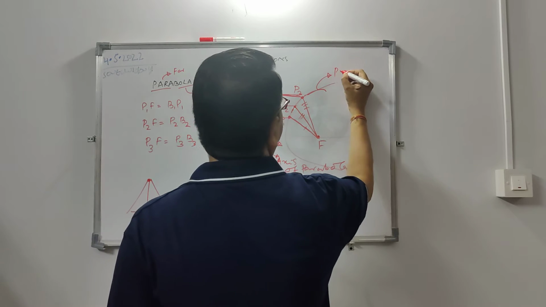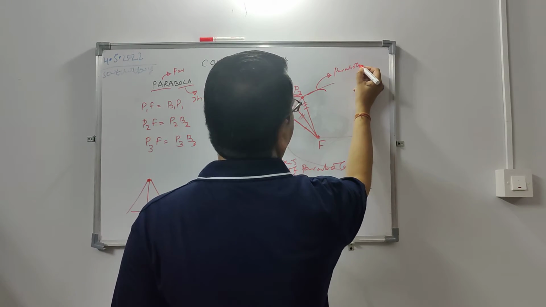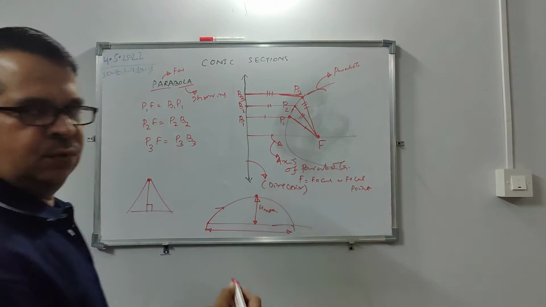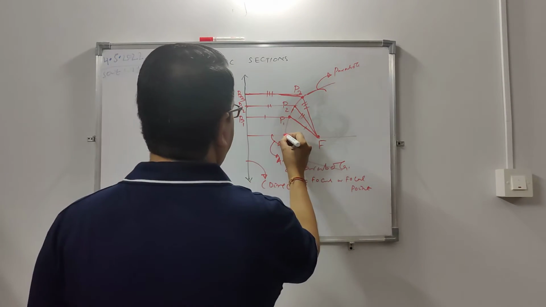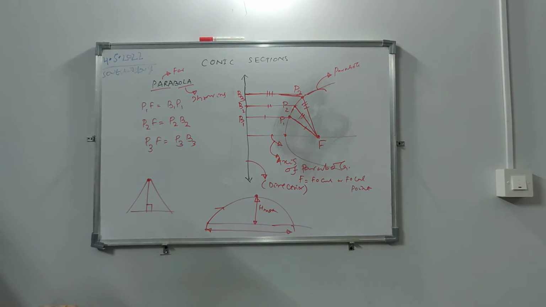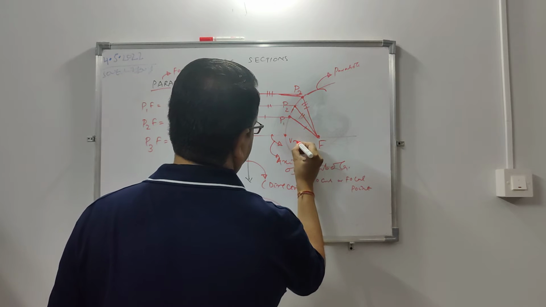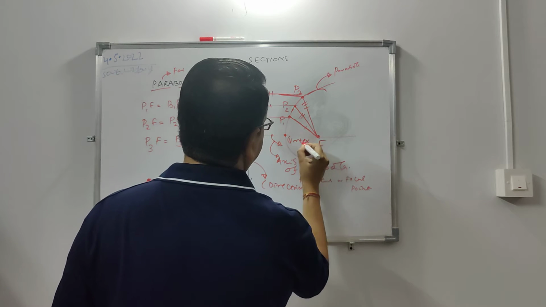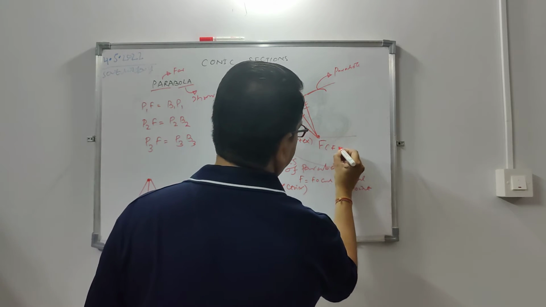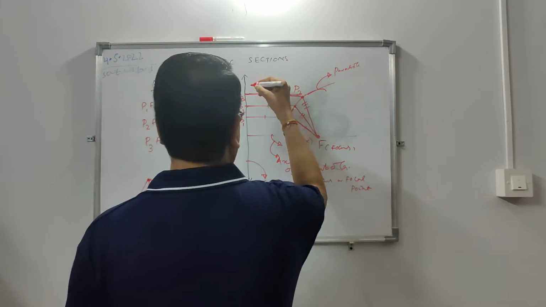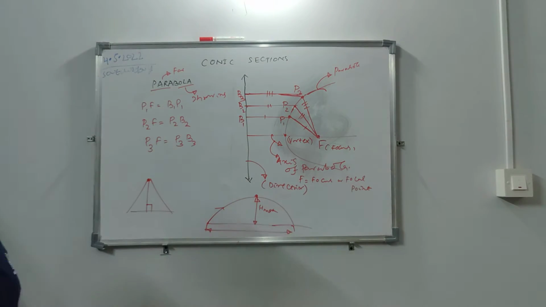Wherever this parabola intersects the axis, that is called vertex. This is vertex. This is focus. Then this is directrix, and that is parabola.